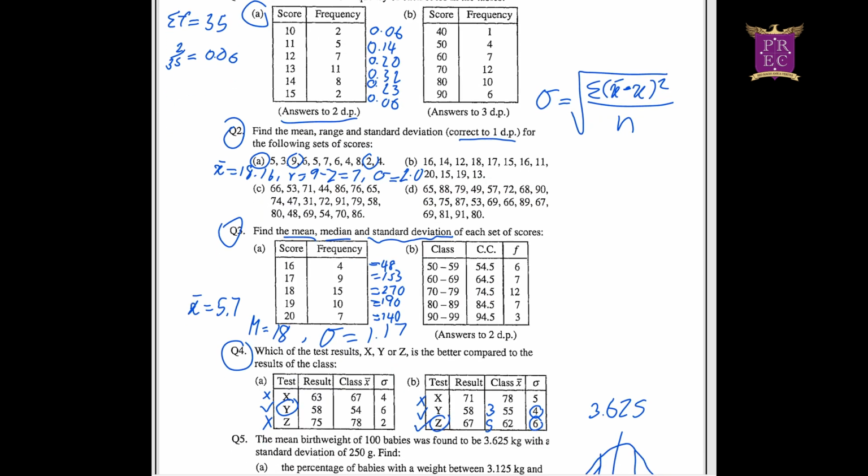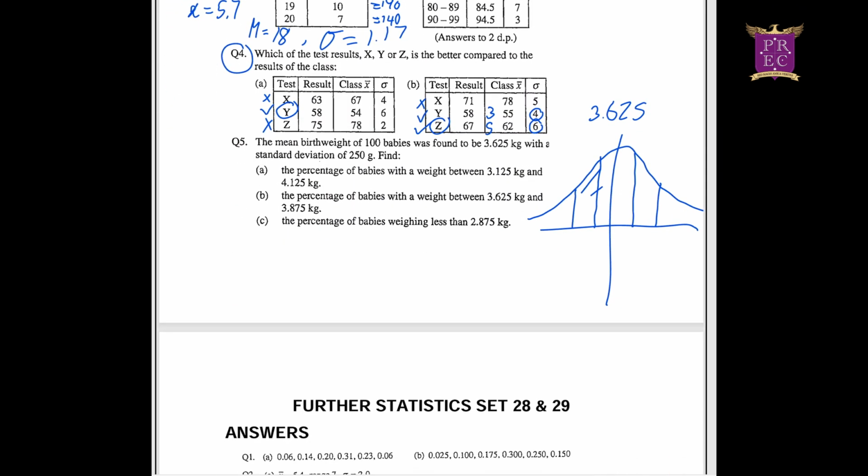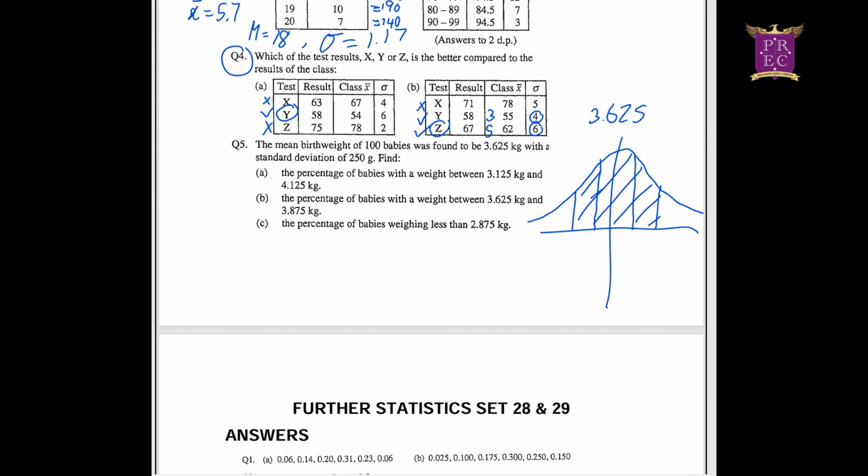So they're asking us how many babies are between these two weights. There will be 2 standard deviations, therefore 95%, which is 95 babies. Okay, easy.